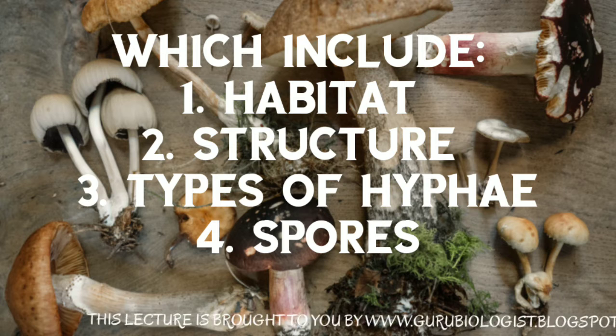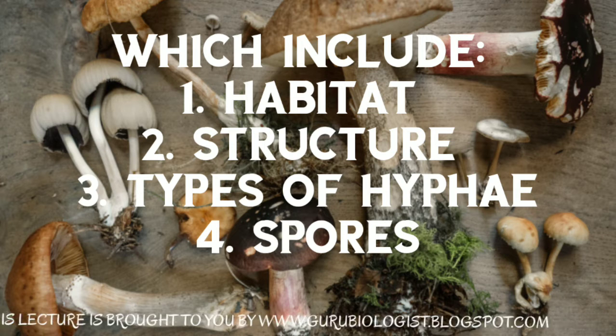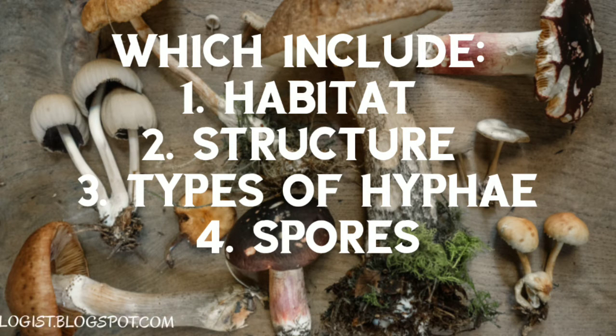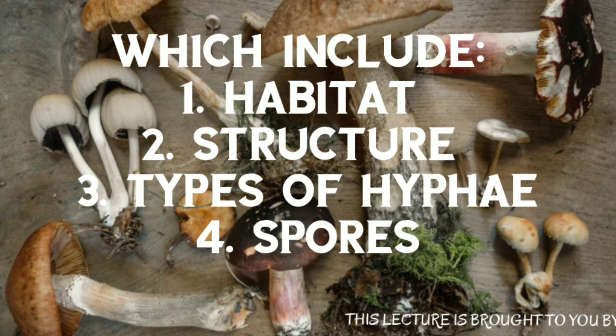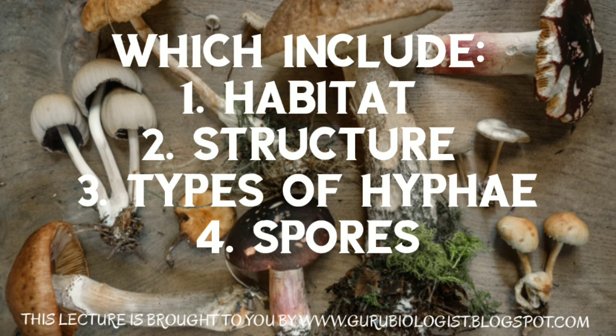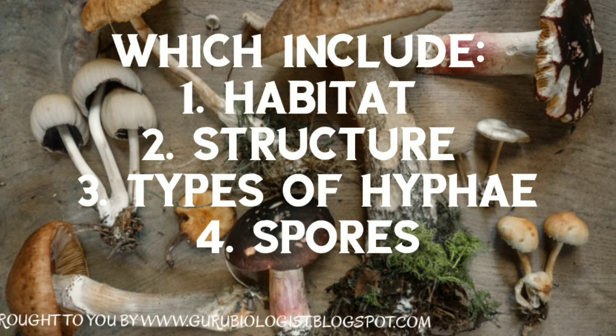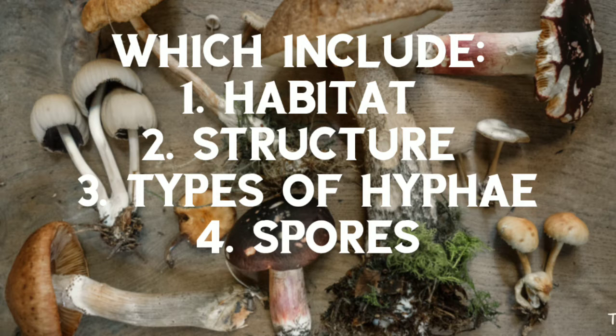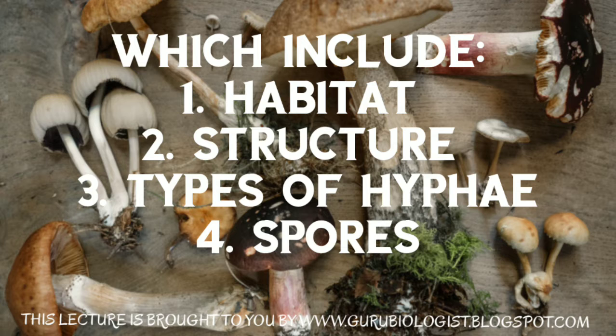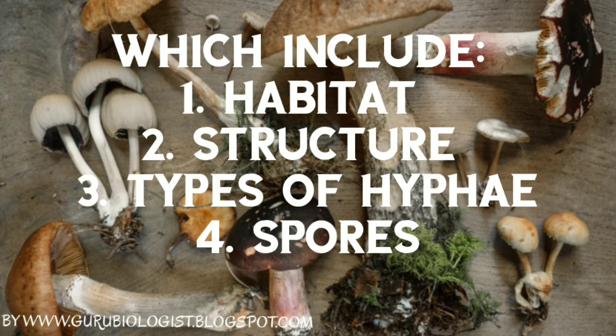Then structure: the somatic structure or vegetative parts may be used as a means of classification. Then type of hyphae, whether they have septa, that is cross walls in their somatic body, or are coenocytic, is used as part of classification criteria, especially in the lower fungi.